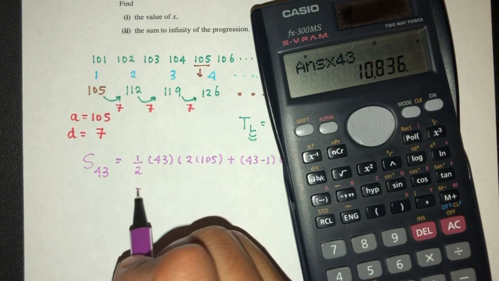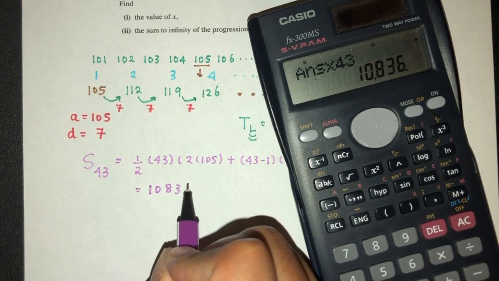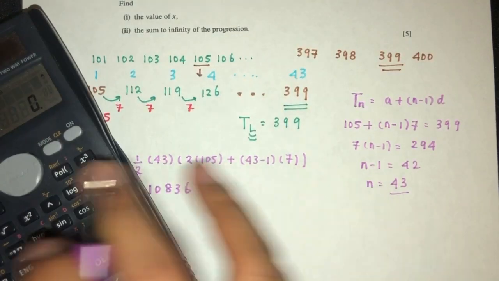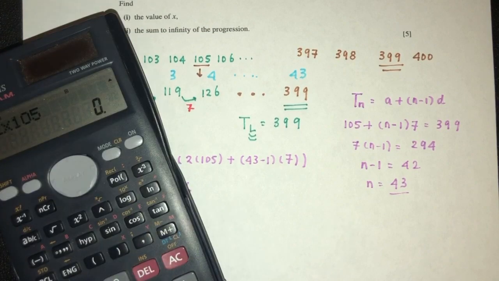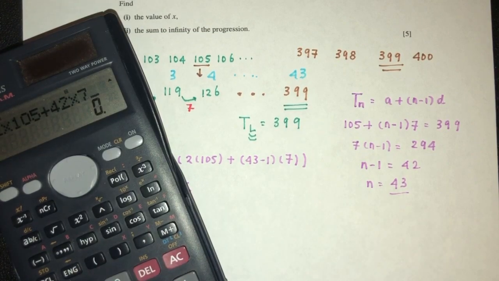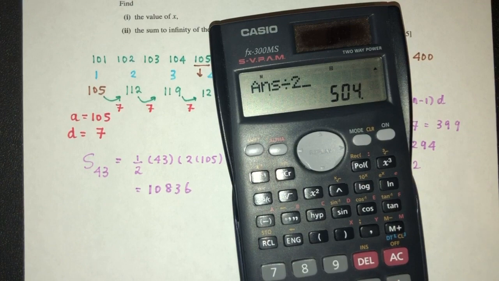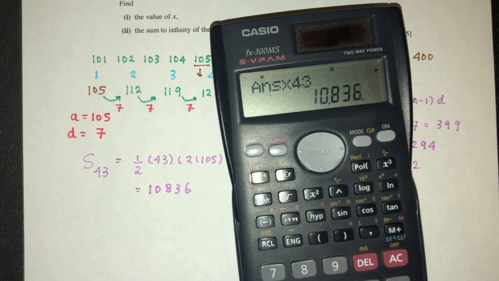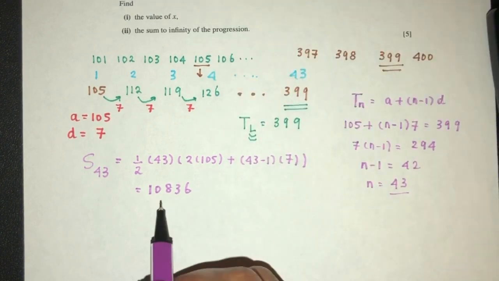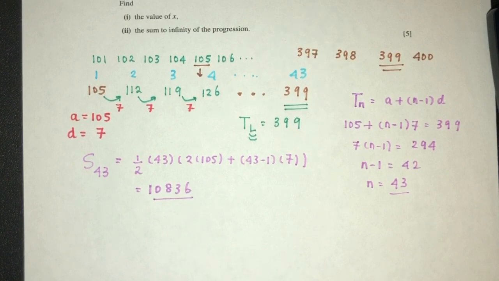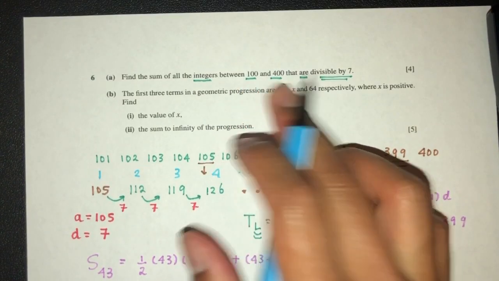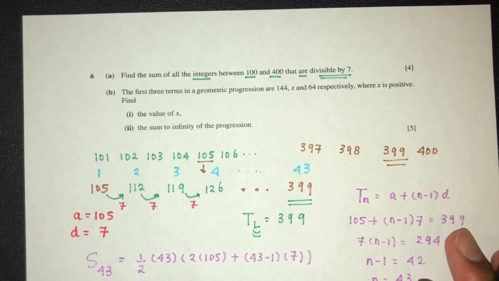That should be 10836. Let's try again. Begin from the inside, so 2 times 105 plus 42 times 7, times half is divided by 2 and times 43. That should be the same value. So this is the sum of all the terms that we have between this and this divisible by 7. Let's move on to part B.